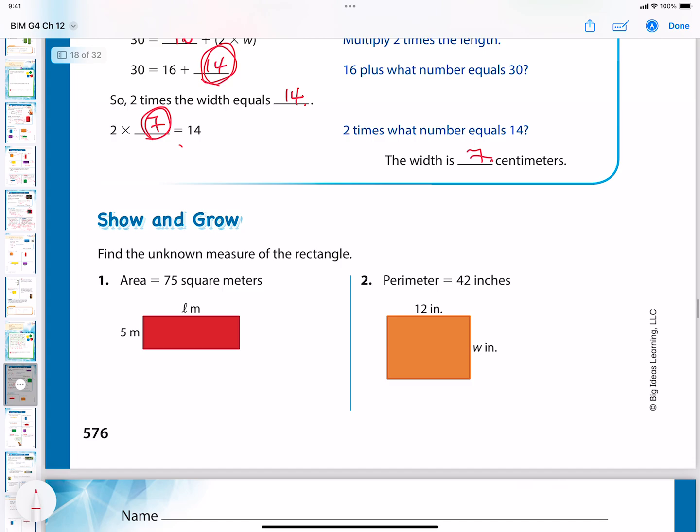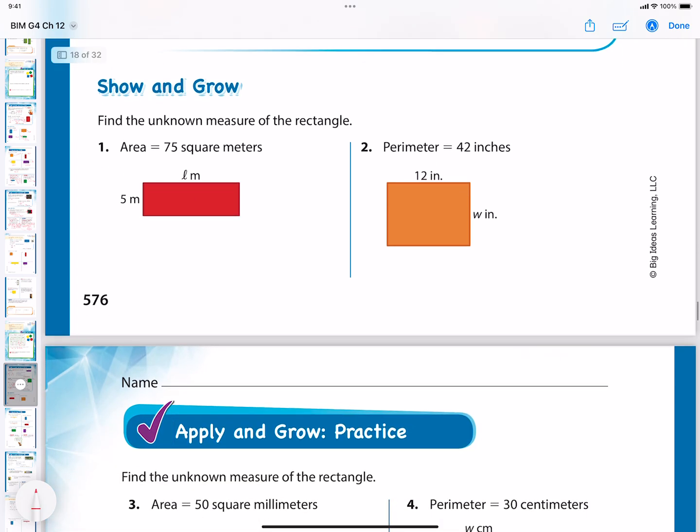I'm going to do number 1 and 2 together, but the rest of the questions I am asking you to do yourself. I'm going to give you the answers at the end. Challenge yourself, and if you didn't get it, put a star mark on it, no problem. Nobody is going to say anything about the star marks. Don't worry, but ask your teacher to help or do it together.